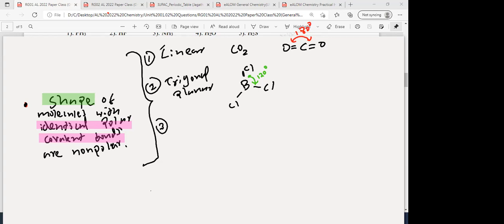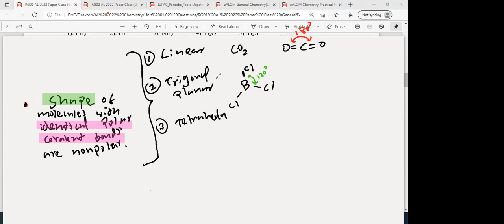Then third one. So all these have dipole moment 0. The molecule is non-polar: polar bonds, but the molecule is non-polar. Third, the molecular shapes with zero dipole moment: trigonal planar, then tetrahedral.